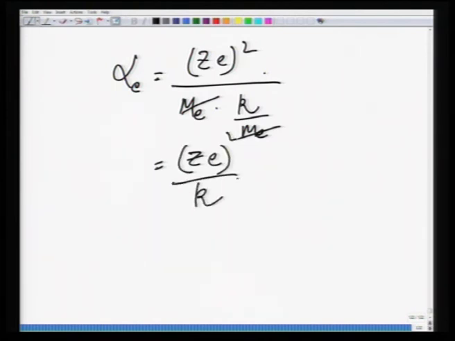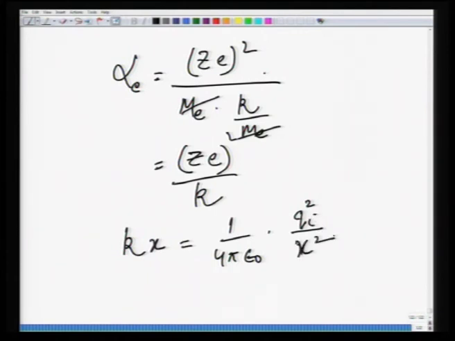And now, you just equate the spring force, which is Kx, to the Coulombic force, which is 1 by 4 pi epsilon naught into Qi square divided by R square, or X square, where X can be taken as R, in this case R naught.